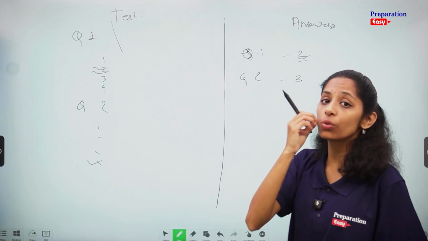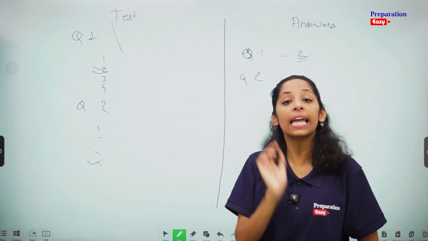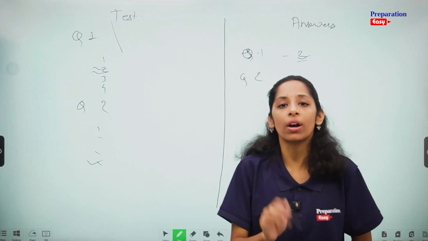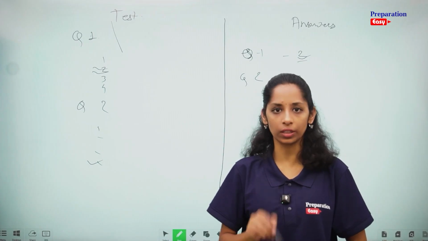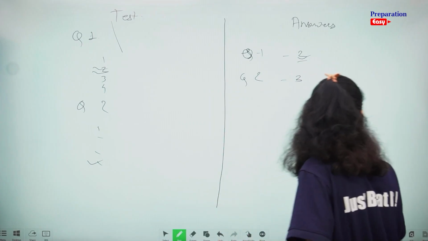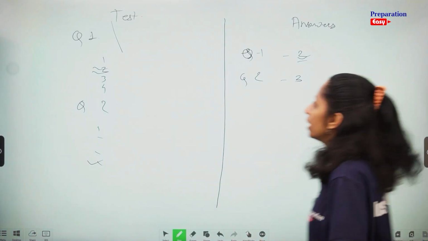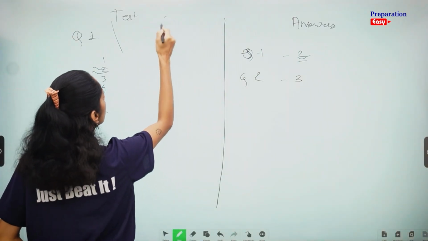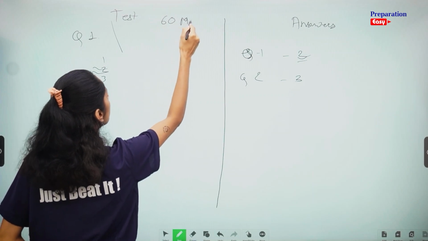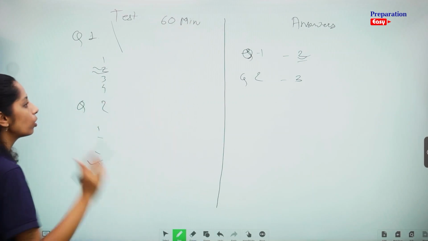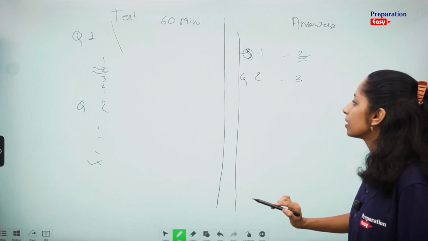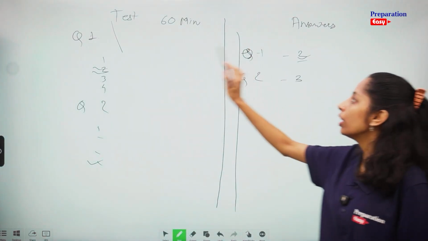If you do this, you will never understand time management. You will never understand how much time you take while solving a question. So what you need to do is solve the question paper in 60 minutes. Then you will check the answer sheet.